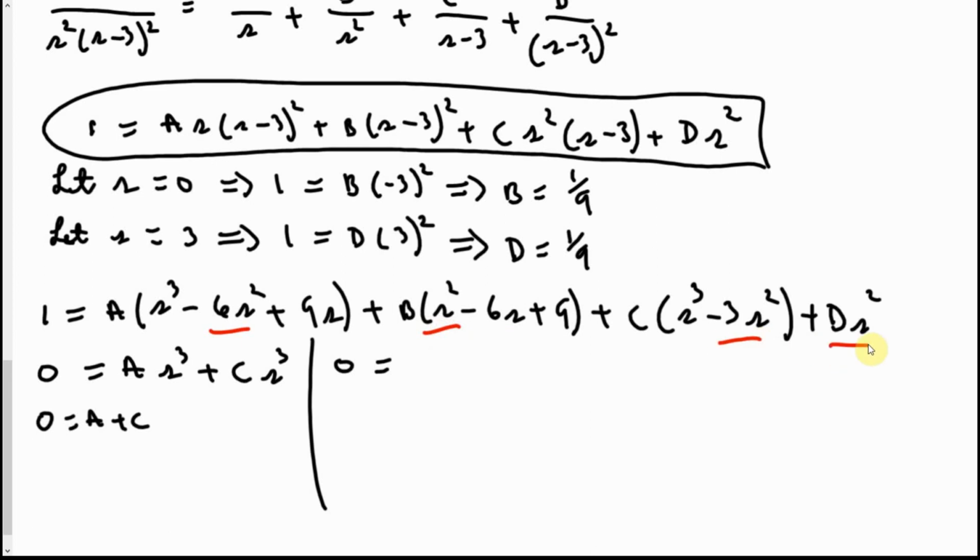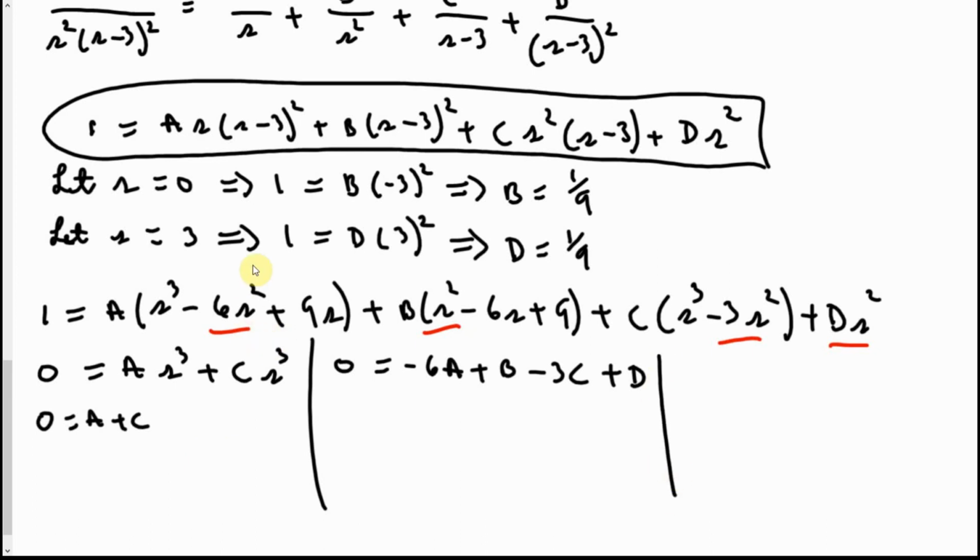I'm not going to write s squared because it's redundant, but I get 0 from the left side because there's no s squared over there, equal to negative 6A plus B minus 3C plus D. Now the cool thing is I know B and D, but I still don't know A and C. Now I can plug in B and D and get two equations with two unknowns and solve, just using simple matrix. But that's fine, I'll leave that as it is for right now.